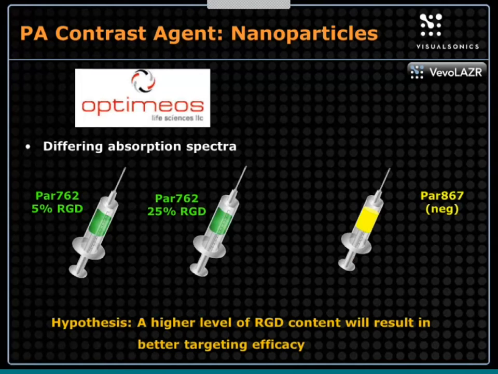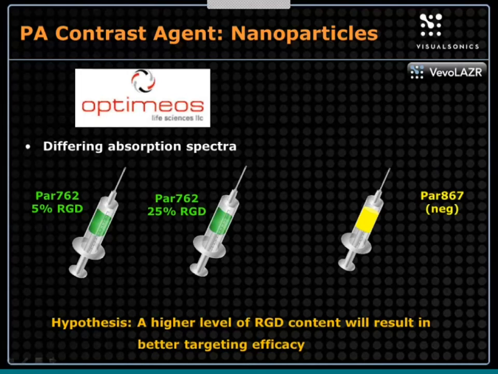So the hypothesis that we came up with is that a higher level of this targeting. RGD, by the way, is a short peptide which sticks to integrins, which are overexpressed in many types of tumors. This one is more functionalized with RGD, therefore, hopefully, the targeting efficacy of this one is going to be higher than the targeting efficacy of the 5%.